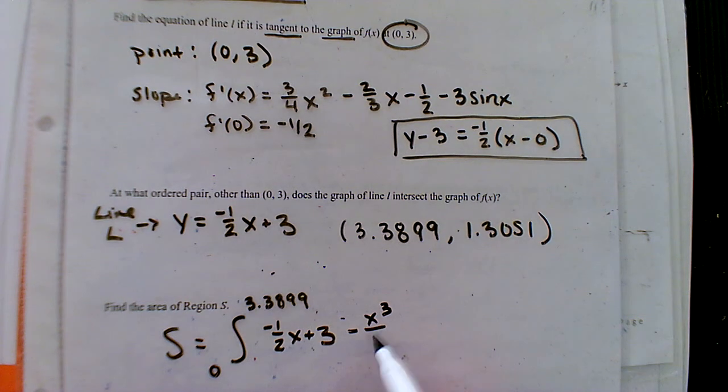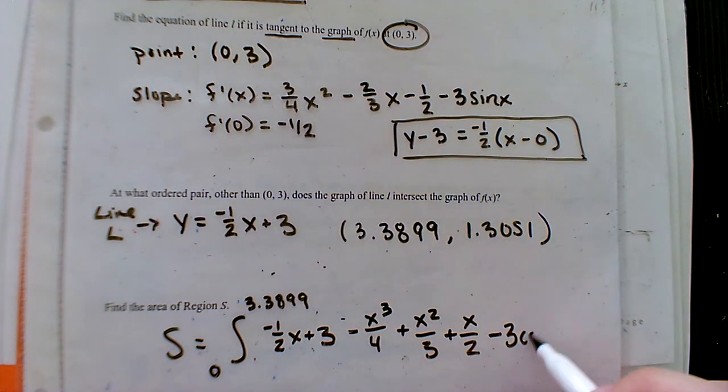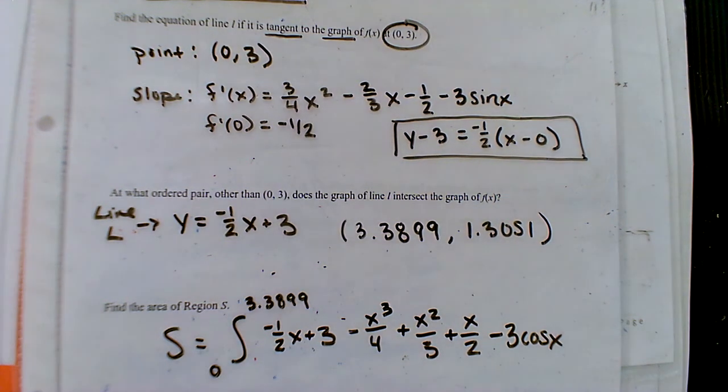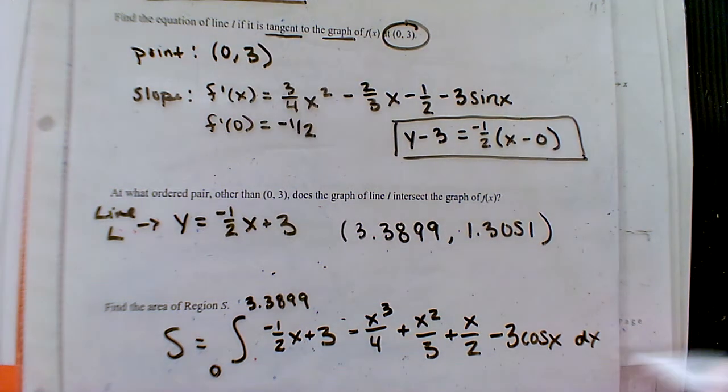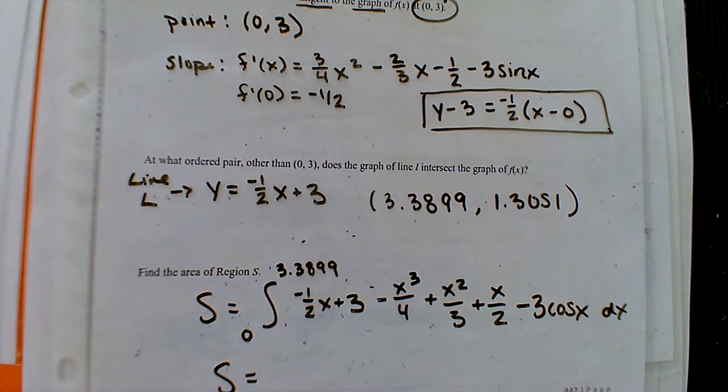So we'll have minus x to the third over 4 plus x squared over 3 plus x over 2 minus 3 cosine of x. You're subtracting the whole thing, which means all of the signs change. From there, it'll be calculator work. It's a lot to type in, but it's something we can do.